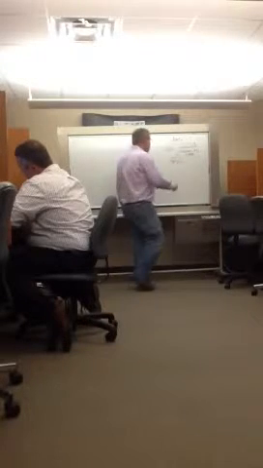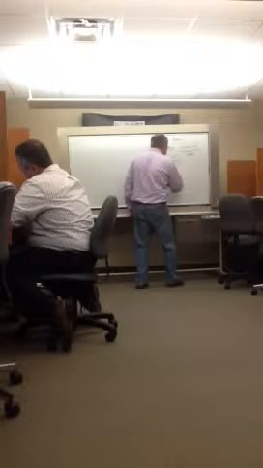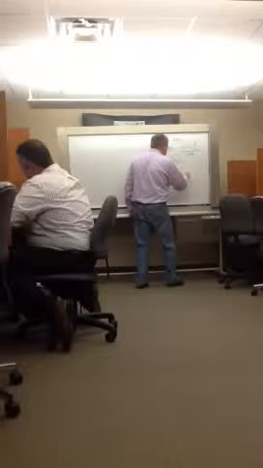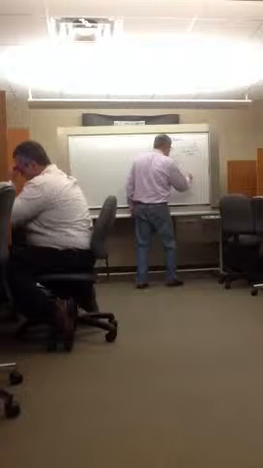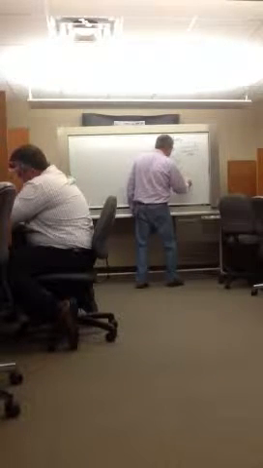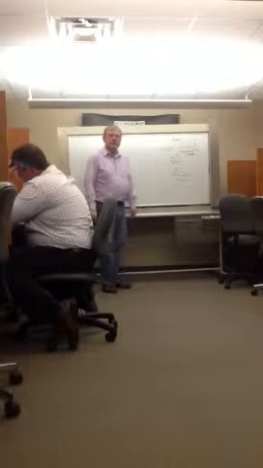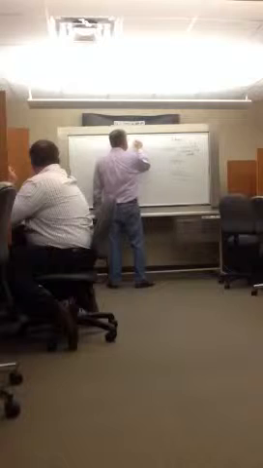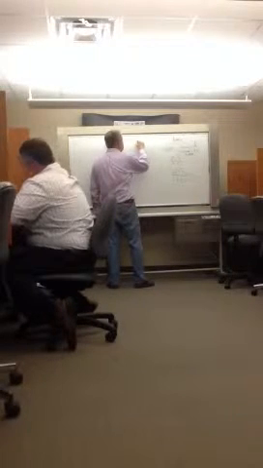You run that on a bar chart, and you have something that looks like this. This would be 1, this would be 2, this would be 3, through 5.